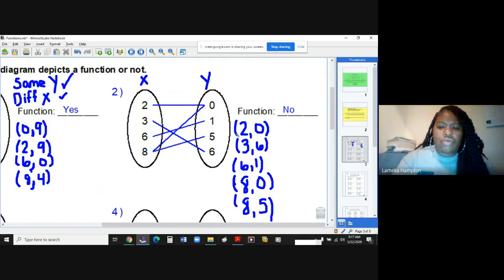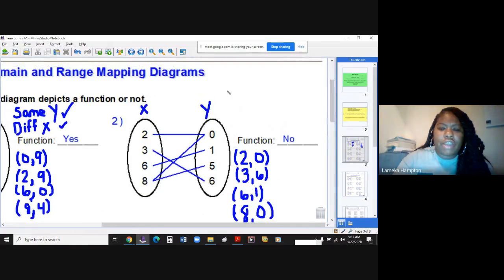All right? So because I have 2 x's here, and you have to make sure that you know the difference between your x values and your y values. Because I have the same x value, this would not be a function. So I am going to scroll up here and I'm going to write it up here.